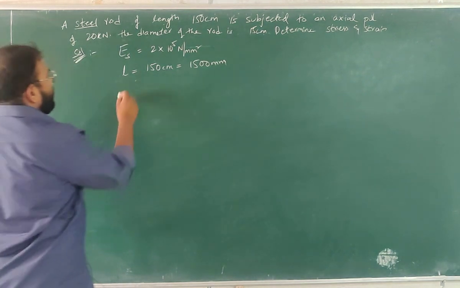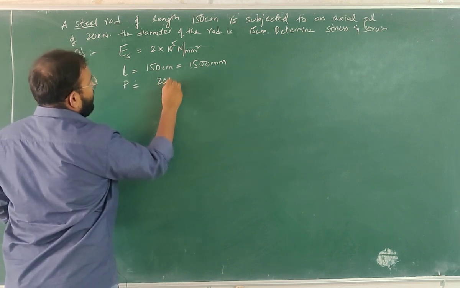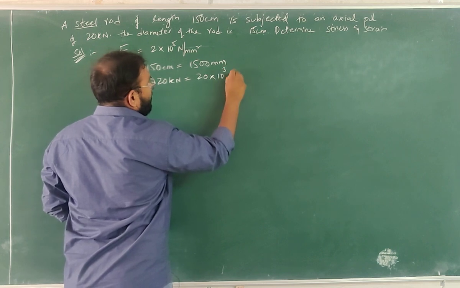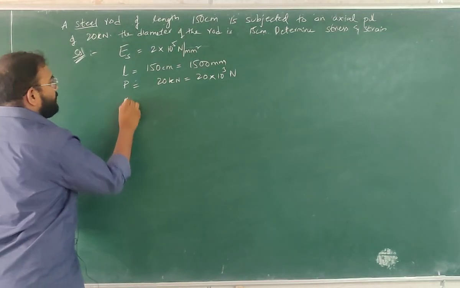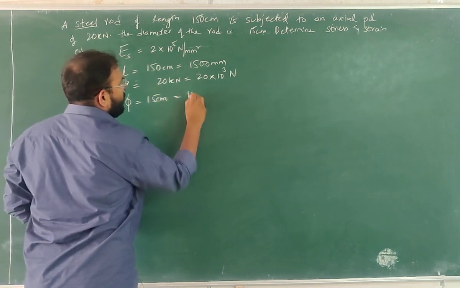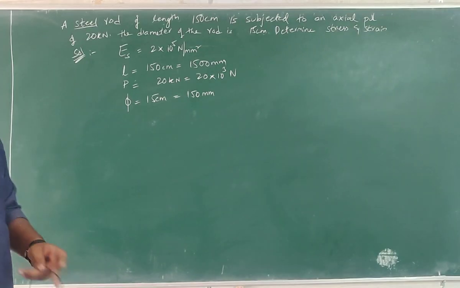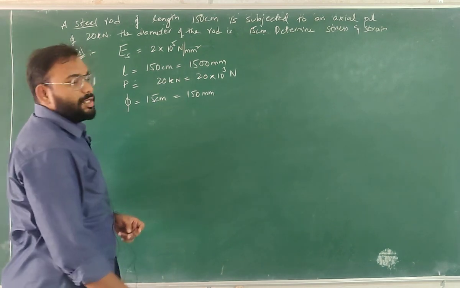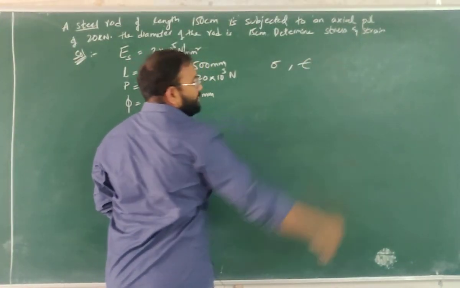It is subjected to an axial pull P equal to 20 kilonewton, 20 into 10 power 3 Newton. The diameter of the rod is 15 centimeter, which is equal to 150 mm. These are the given quantities in the question. What is to be determined is stress and strain.